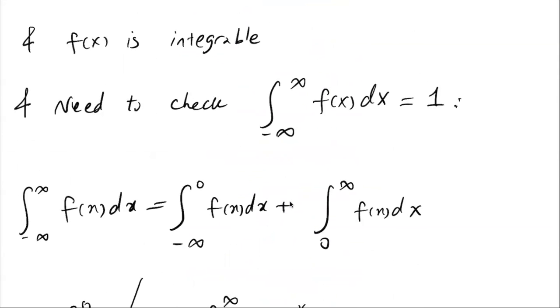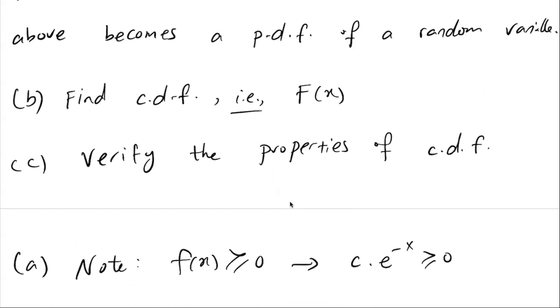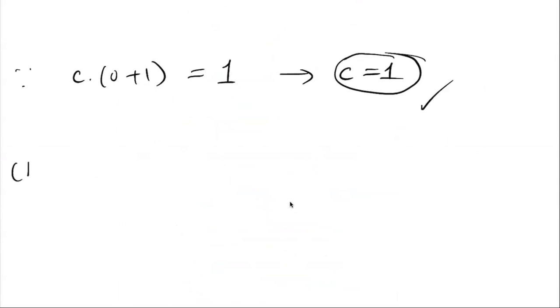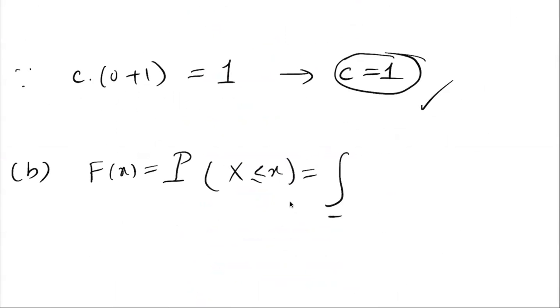And the second part says we have to find the CDF, or capital F of x. So capital F of x, we know, is the probability that capital X is less than or equal to x, and this is the same as the integral from minus infinity to x of f of t dt.